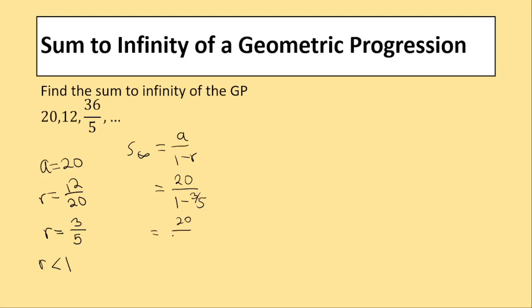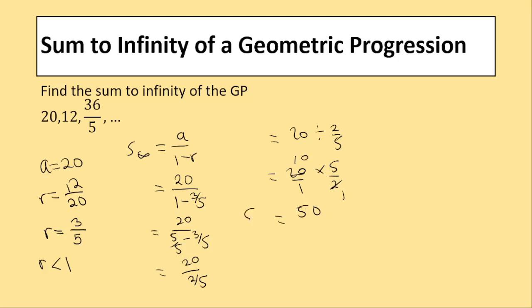So what we are going to have is 20 over 2 over 5. So 20 divided by 2 over 5. So 2 there 1, 2 there it's a 10. So we have a 50. So the sum to infinity will be 50.